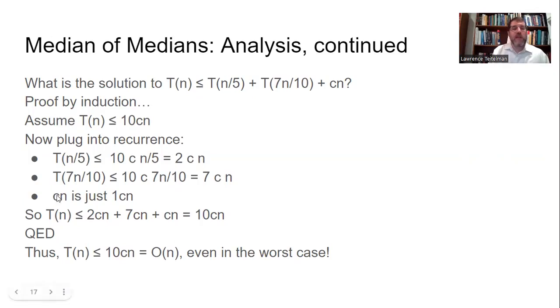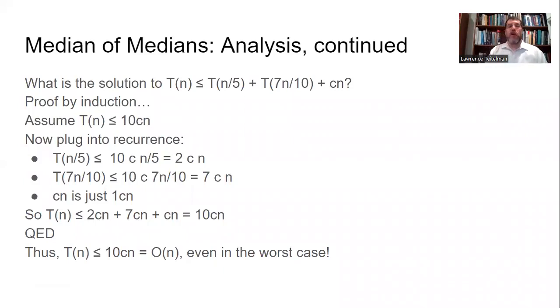C of n is just C of n, 1 times C of n. So how many C of n's do we have? 2 plus 7 plus 1 is what? 10. Okay, so what did we just establish? That if T of n is less than or equal to 10 C of n, it works. It's consistent with each other.